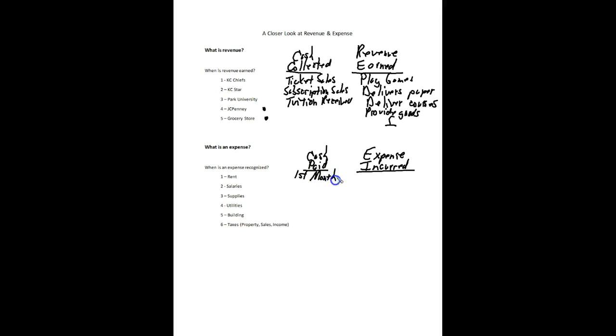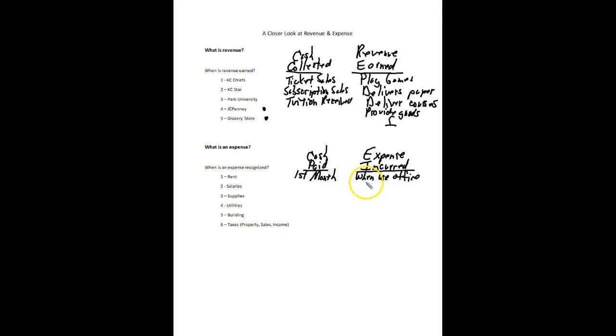That's usually due the first of the month. But if it's office space, when we use the office space, if we're renting that, that usually is at the end of the month that we actually incur the expense. So we pay it at the beginning, we use it throughout the month. So we have finally used all of the rent at the end of the month.